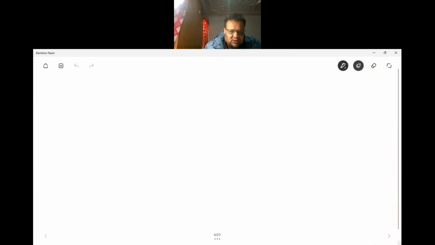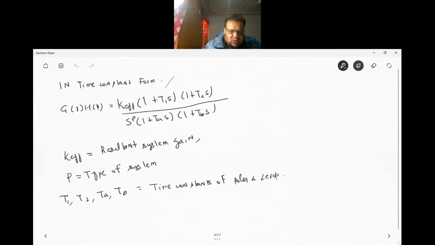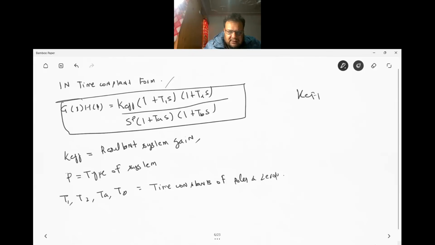So finally you arrive at a time constant form in the Bode plot. So the Bode plot will give you a representation of this in the time constant form, whereas your K effective is nothing but K into, right? If you just have one zero, it would be only z1, and let's say two poles, so it would be p1 into p2.